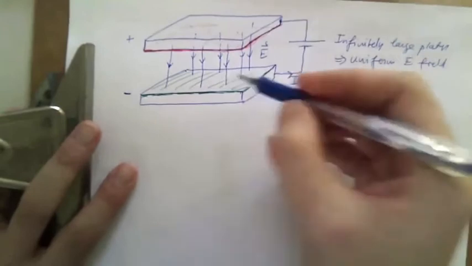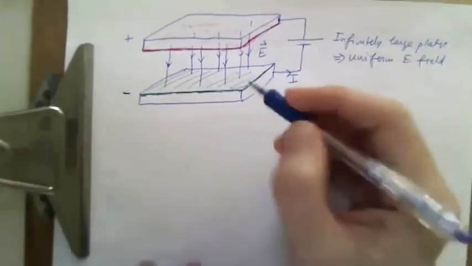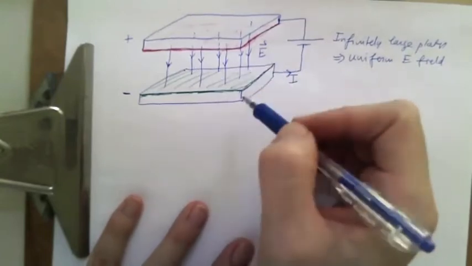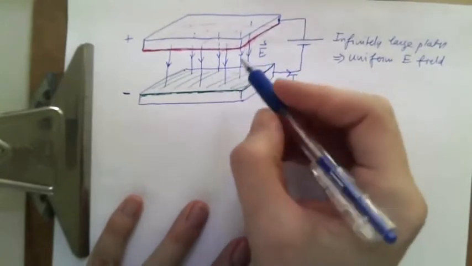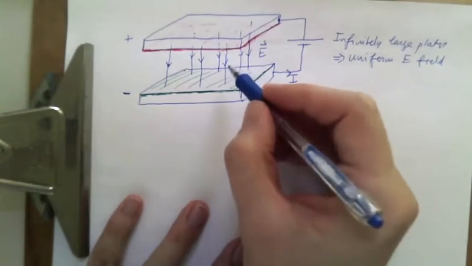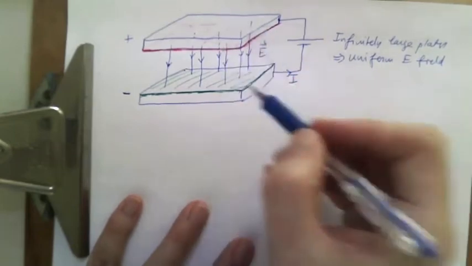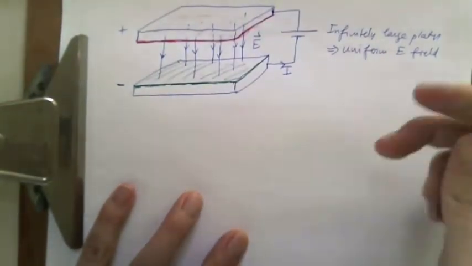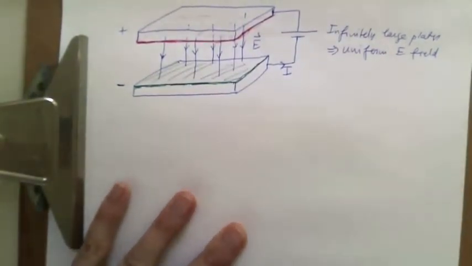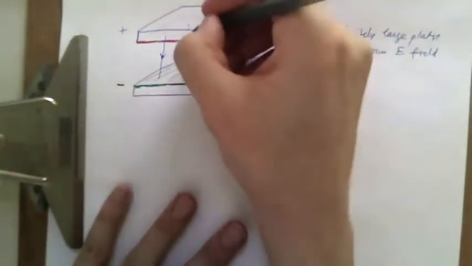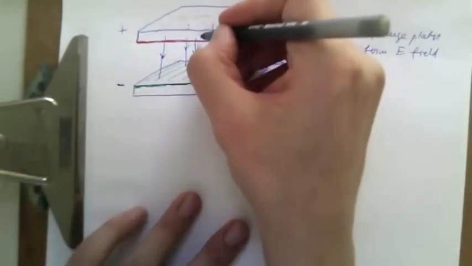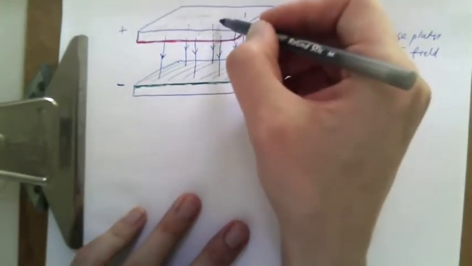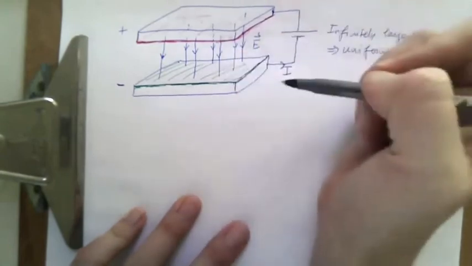The next question we can ask ourselves, okay, how large is this electric field? Well, we know what it is for a uniform field, because it's always going to be sigma over epsilon naught, except with the following caveat. So before, when we were doing the field of an infinite plane, we were taking a box, and we were putting this Gaussian box around this charged plane, and we had an electric field on the top and an electric field on the bottom.